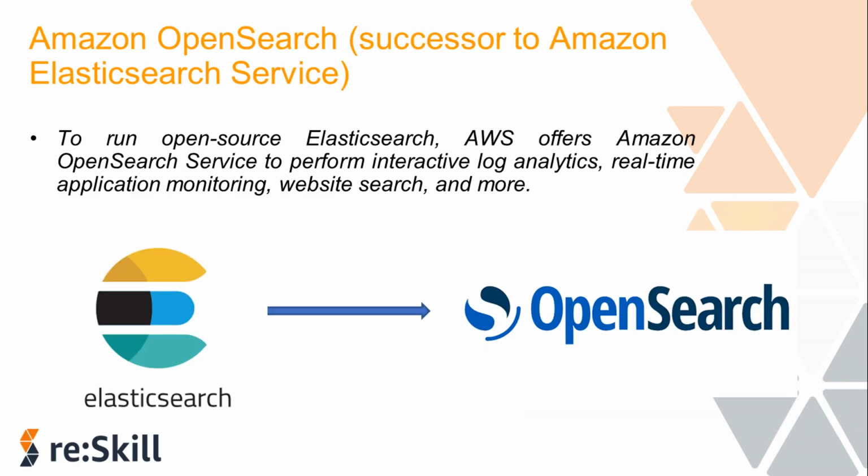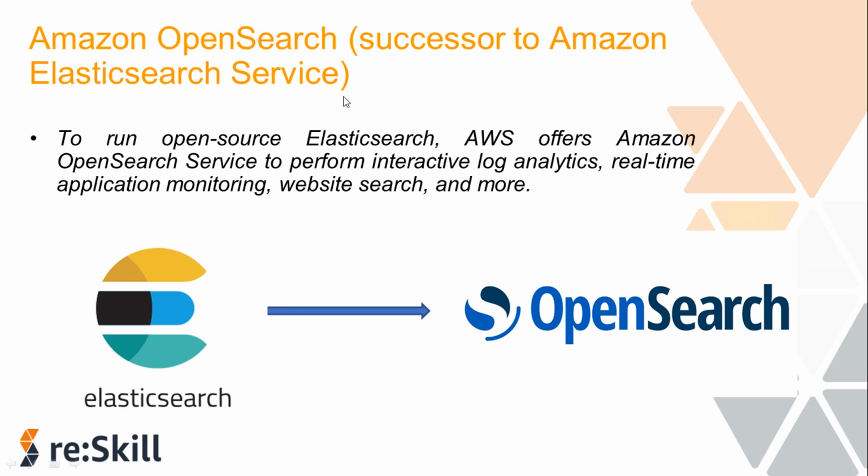Here we are going to learn about Amazon OpenSearch, but many of you would have heard about Amazon Elasticsearch. So before we begin, let me clarify that OpenSearch is nothing but a successor to Elasticsearch service. For the ones who don't know what Elasticsearch does, let me first tell you a little bit about it.